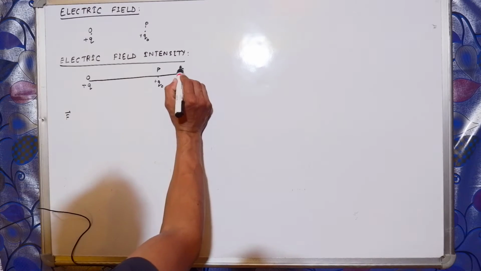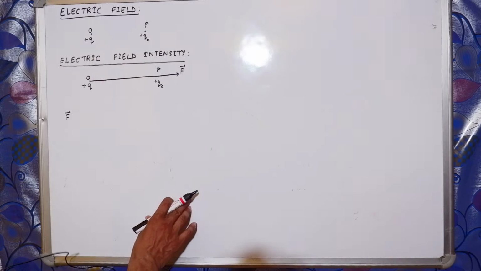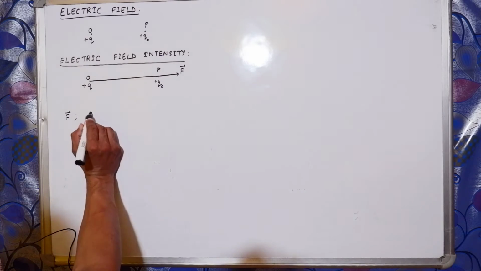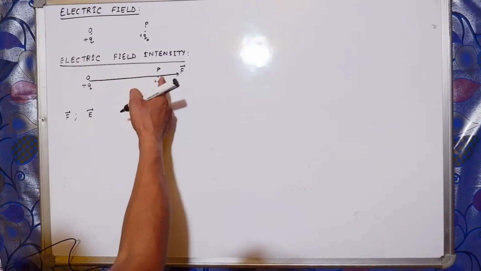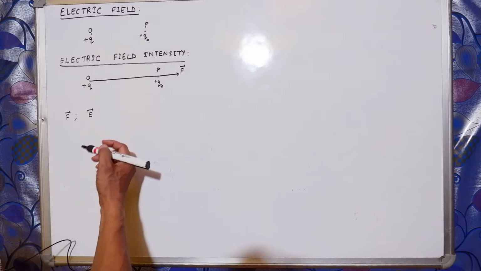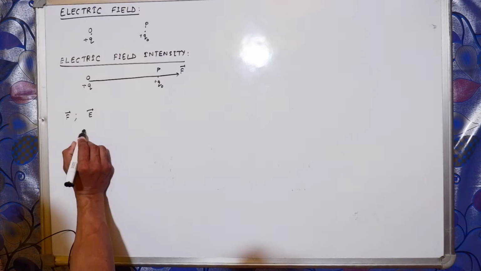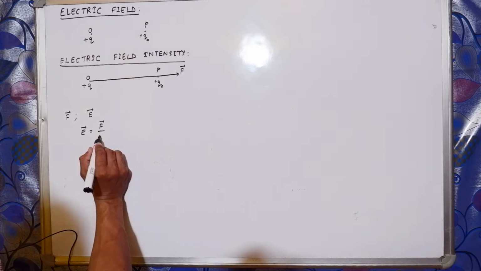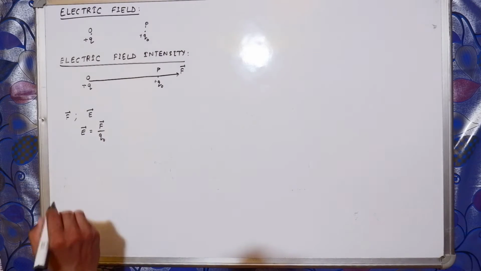Then the electric field E at point P is given by E equal to F by Q naught.